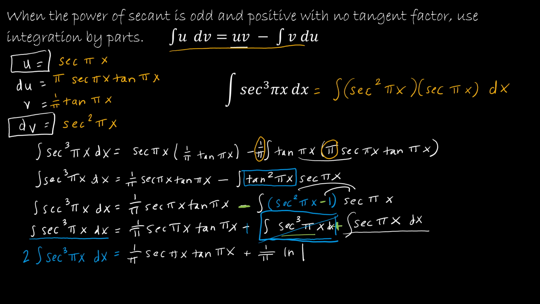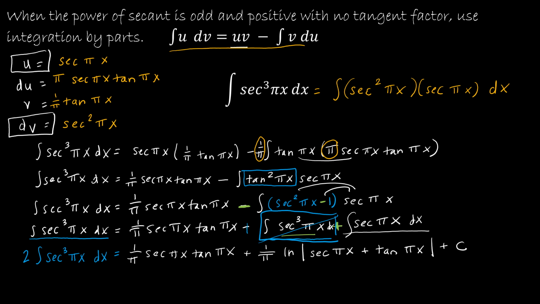The integral of secant is the natural log of secant plus tangent pi x, and then plus c. So we're getting real close now.